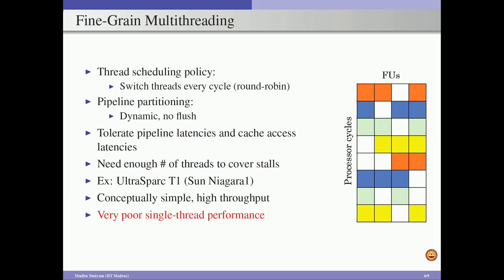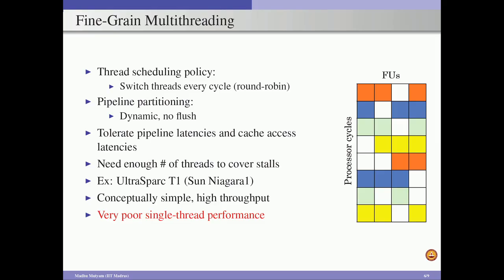In this fine grain multi-threading we switch between threads at every cycle, and because the thread context changes at every cycle, we have to consider dynamic pipeline partitioning across multiple threads. Effectively, in one pipeline stage we may be executing an instruction from one thread, and in the next pipeline stage we may be executing an instruction from another thread.